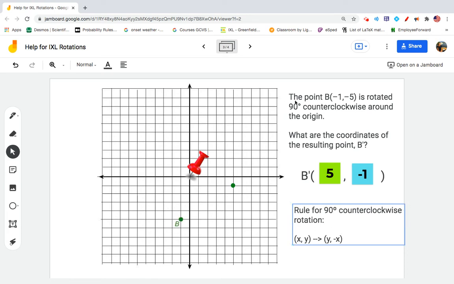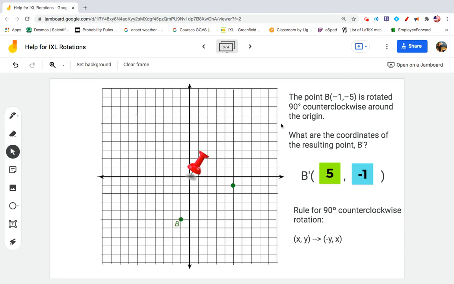The point that had coordinates x, y becomes, let's think about this now. What was the y coordinate is now in the x coordinate spot, but the opposite. What was the x coordinate is now the y coordinate without a change in sign.